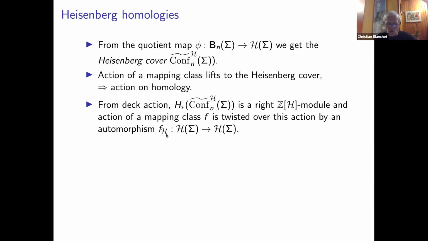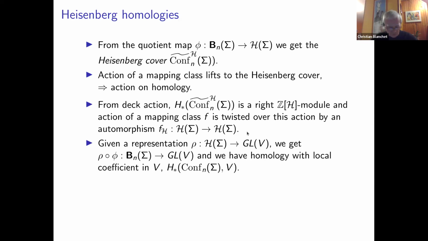If you think about the situation with covering spaces, this is not very difficult to understand, but this is a priori a difficulty, because if we work over the group ring of H, we do not get an action which will be linear over it, but twisted linear.